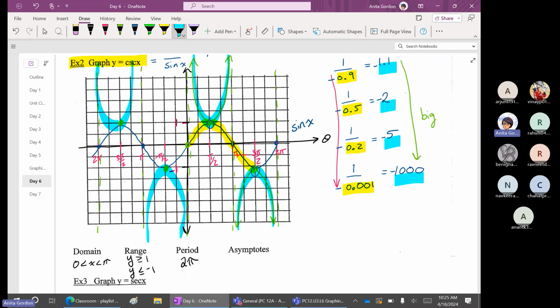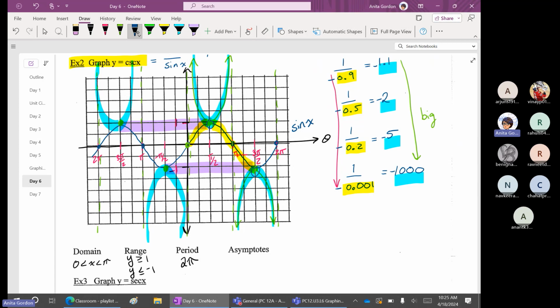It goes up, down, up, down, up, down. So the distance between the two ups or the distance between the two downs, the distance between the two ups is the same.